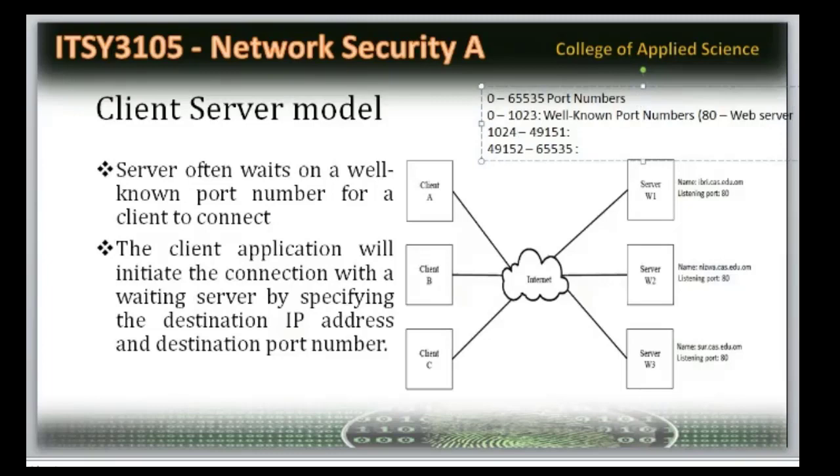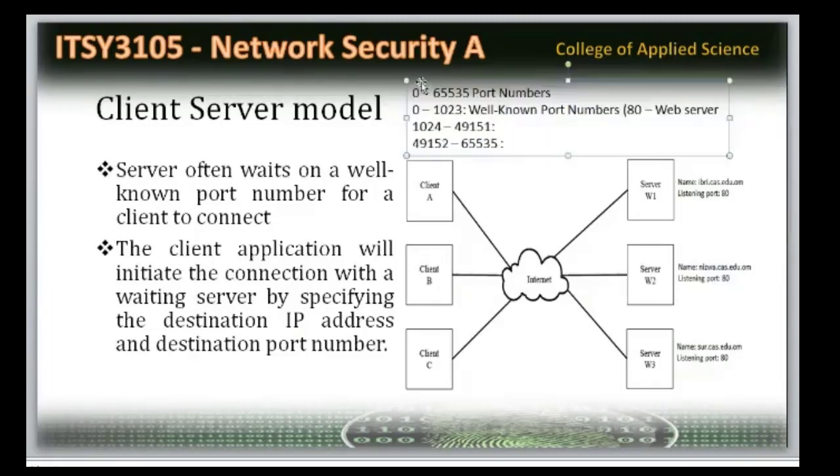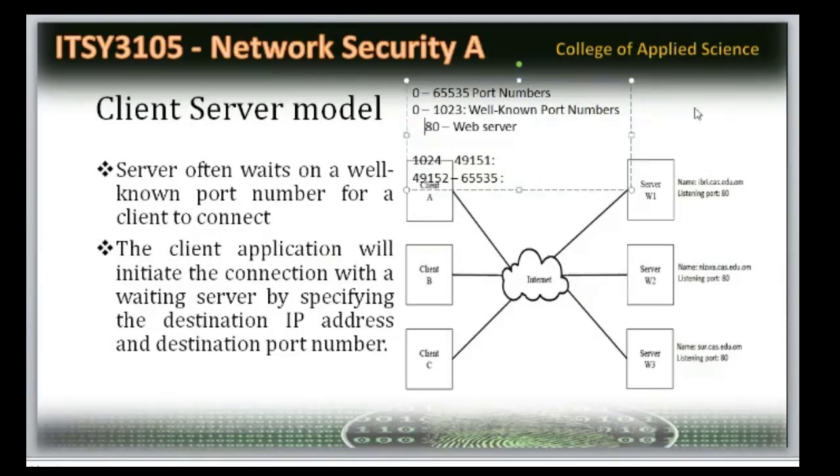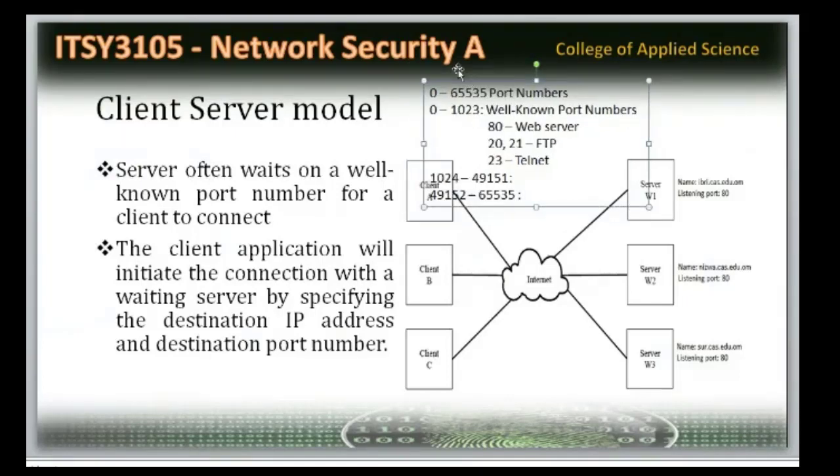Then port number 20 and 21 will be used for the FTP protocol, file transfer protocol. Then port number 23 is for telnet. Like this, all the numbers from 0 to 1023 are already fixed. These are the well-known port numbers.